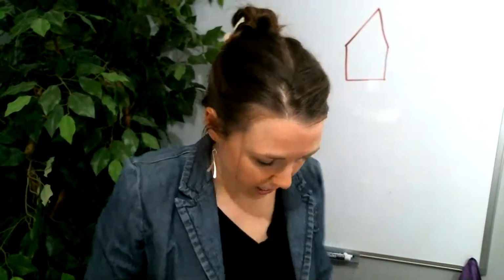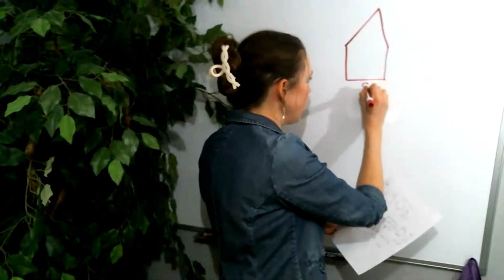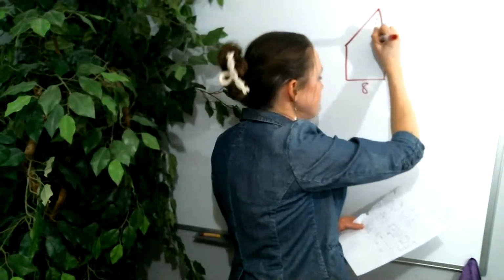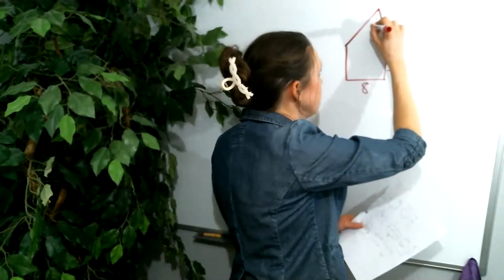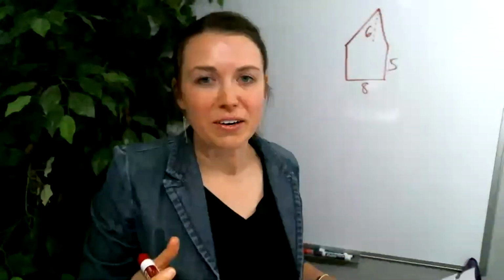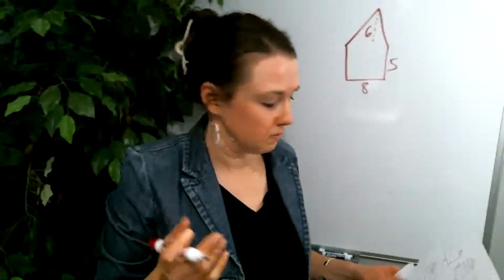So what I'm going to do here is I have 8, 5, and then this is going to be 6. Okay, so this is what it looks like here, my little doghouse.